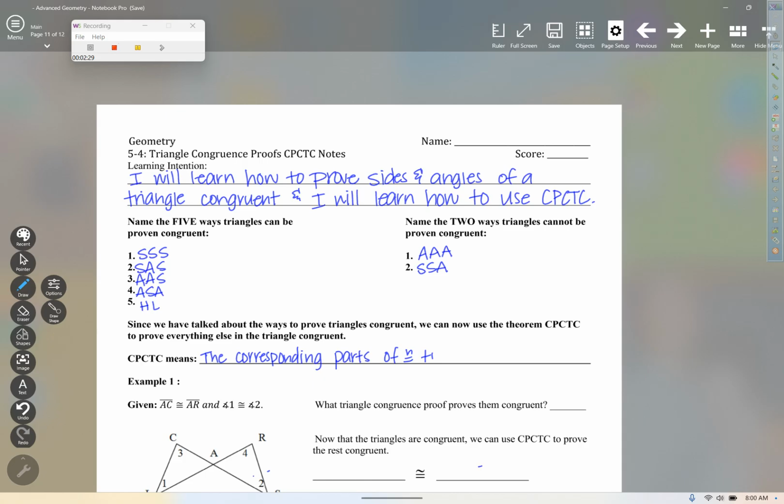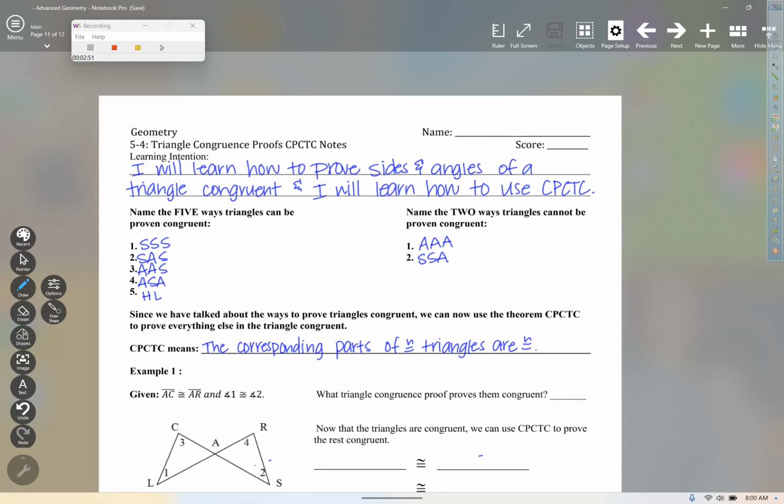What that basically means is if you prove triangles congruent using one of the 5 ways, then you can say everything else in the triangles is also congruent, like the corresponding parts.